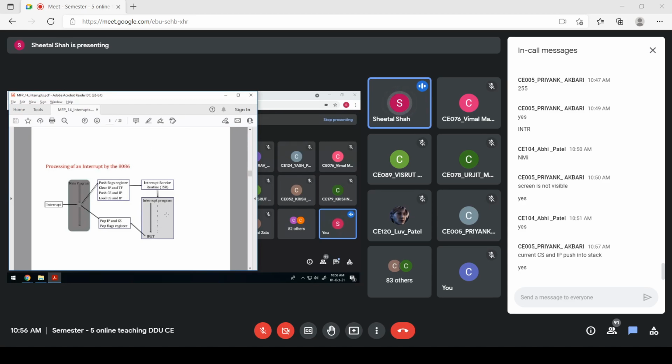Now the processor would start with the interrupt service routine, and at the end when it gets IRET, whatever CS and IP value was stored onto the stack would be popped into their corresponding registers, as well as the flag register. Then it would continue from the instruction where it left off in the main program.